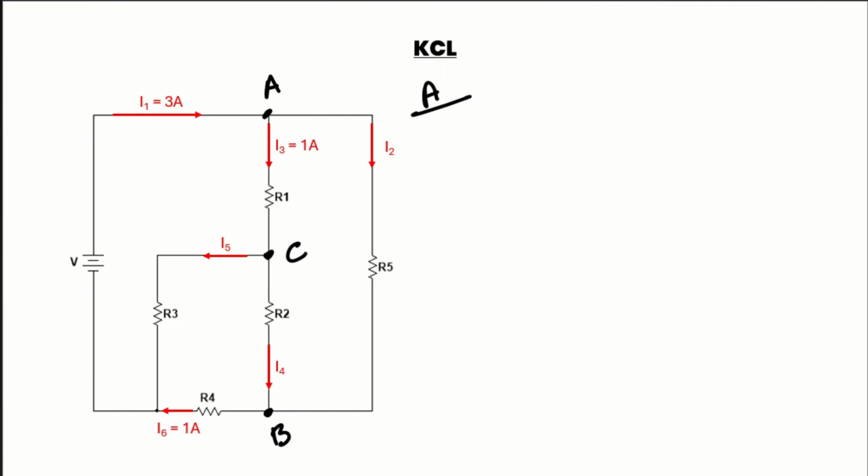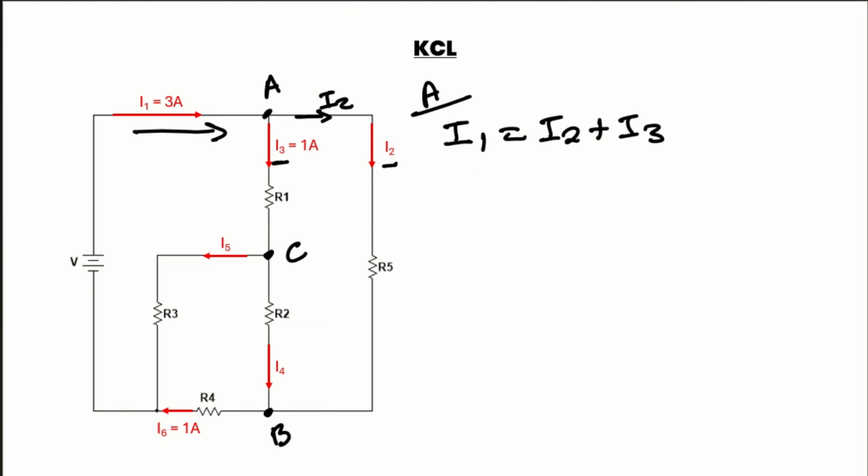KCL states that the current coming in equals the current going out. At junction A, I can write I1 equals I2 plus I3, where the I1 current is coming towards the junction, but I3 and I2 are going out of the junction.